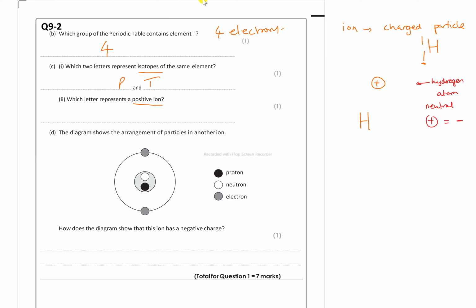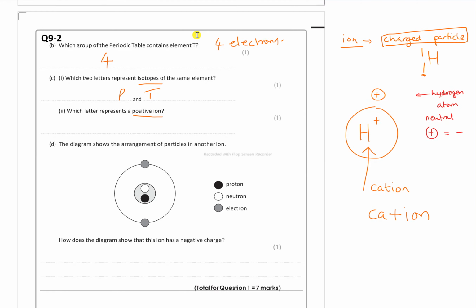So this hydrogen has a positive charge. Any charged particle is called an ion. So this here is an ion, and a positive ion is called a cation. I remember it as, that T looks like a plus, cation.